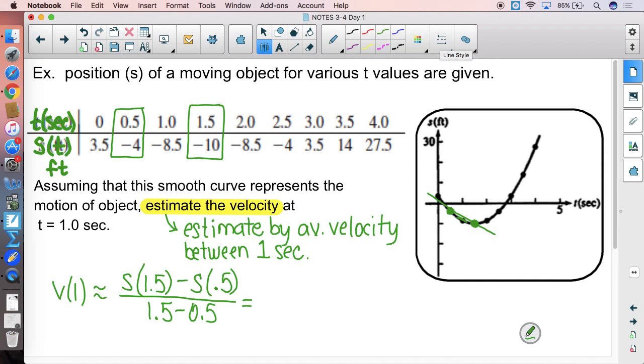So we're looking at -10 minus -4 all over 1, or around -6, and then our label would be feet per second. So at time 1 second, we're approximating that it's moving to the left at about 6 feet per second. Velocity gives a direction. So when this ended up being negative, that means we're moving in some opposite direction than what the positive would be considered.